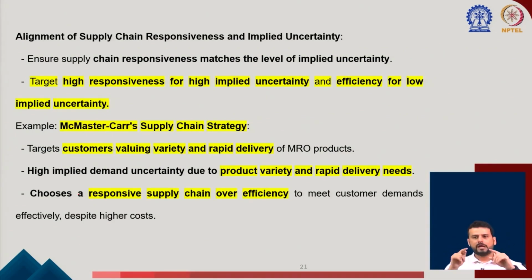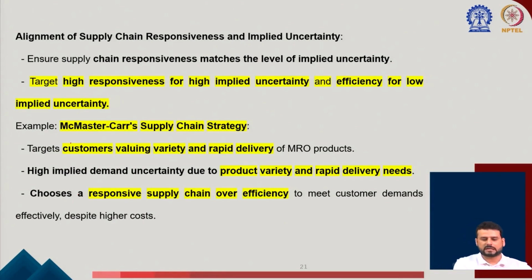If uncertainty is high, can you be cost efficient or do you have to be responsive? Obviously if uncertainty is very high, you have to be responsive, right? Because quickly you need to respond to the demand, quickly you need to respond to any change in the supply. So if your supply and demands are matured enough, then you can think of going for your efficient supply chain.